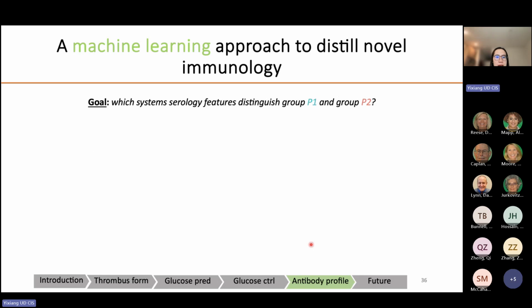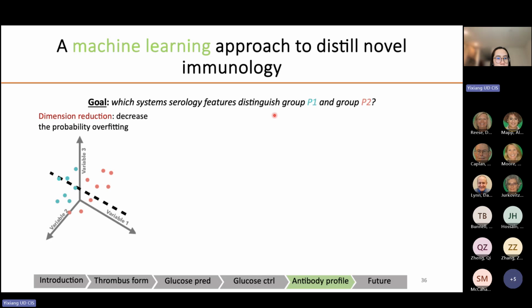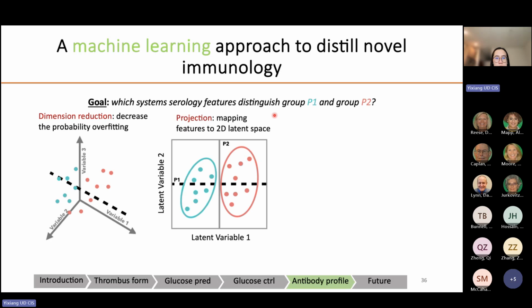So typically, I developed these machine learning pipelines to help distill novel immunology. The goal is which systems serology features will help distinguish, say, a group P1 and a group P2. First, I take this fat data and do dimension reduction to decrease overfitting.